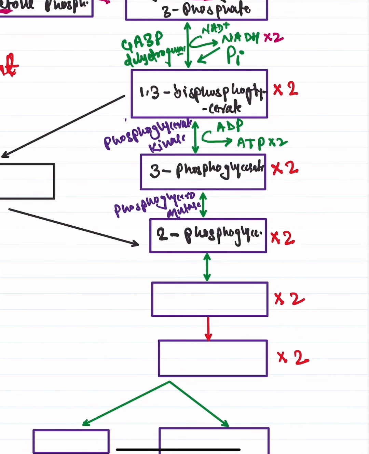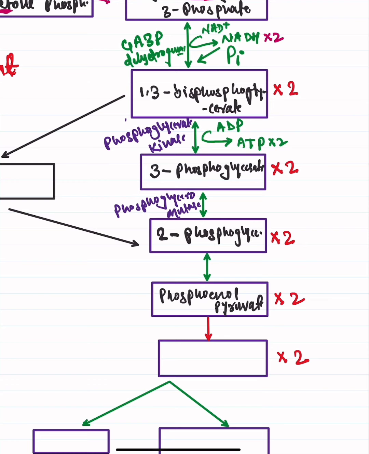In the next step, this 2-phosphoglycerate will change into phosphoenol pyruvate. And the name of the enzyme here is enolase. It's an important name.